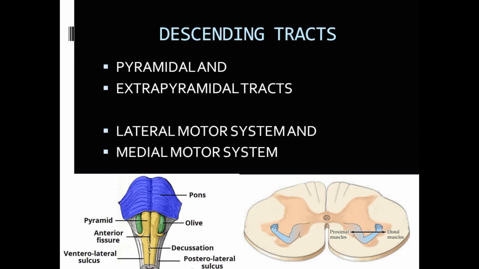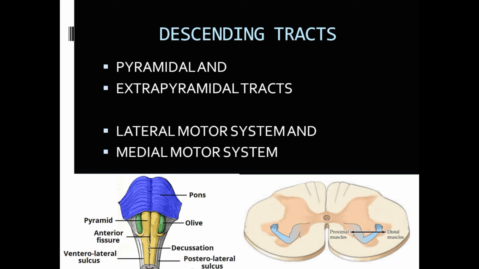So pyramidal is the corticospinal tract, and apart from it, all the other descending tracts which do not take part in the formation of the pyramid are called extrapyramidal tracts, which include the cortico-rubrospinal tract, rubro-corticospinal tract, the vestibulospinal tract, and the reticulospinal tract. So these are the extrapyramidal tracts.